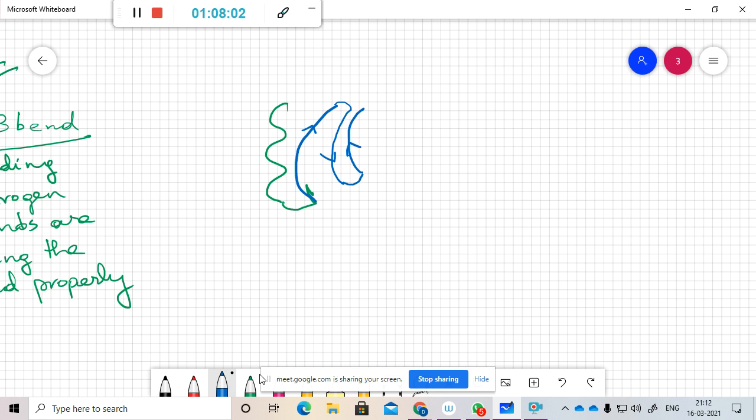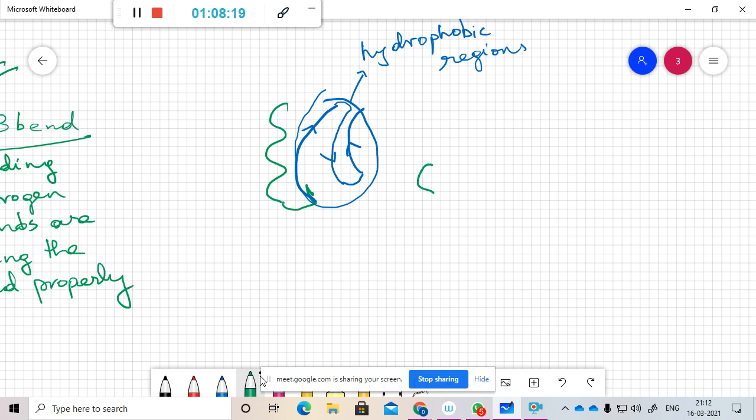If this beta bend region has got hydrophobic regions, then the alpha helix is going on and on, and suddenly this beta bend is there, the beta bend region will try to get inside.